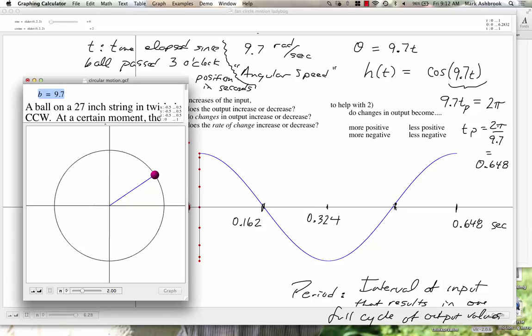Then to get this, you could take 3/4 of that, or you could add these two together, half plus a quarter, however you want to do it. And what is it? 0.486. Now, if we were sketching this curve from scratch, these 4 numbers would be helpful to get us the 4 parts of the cycle.